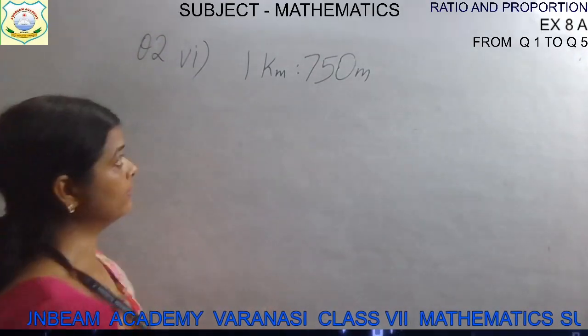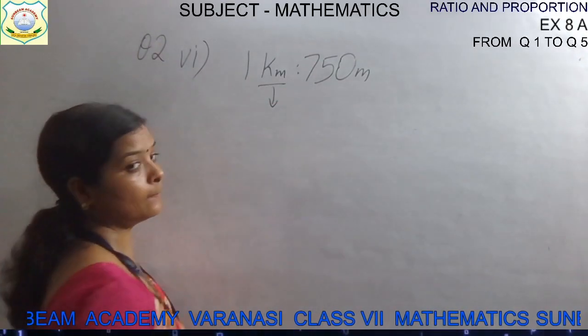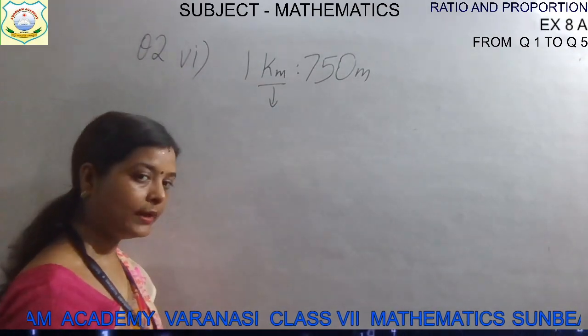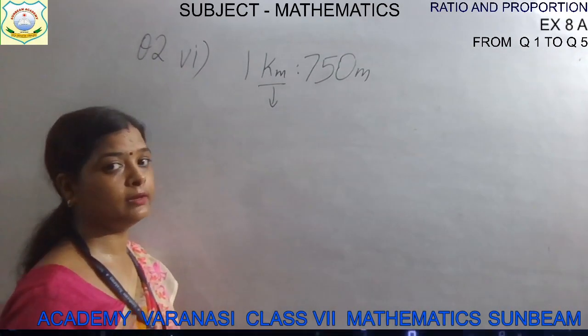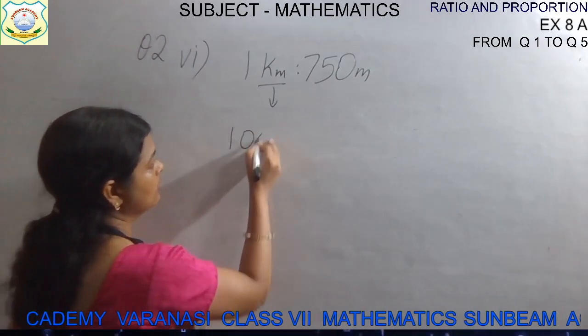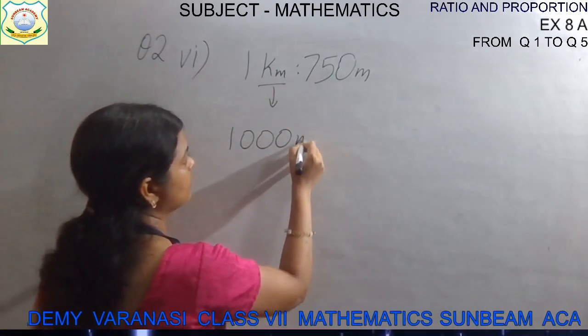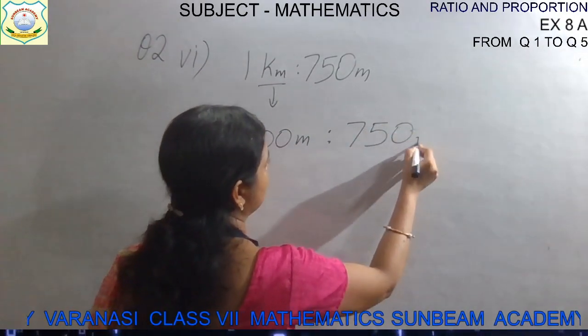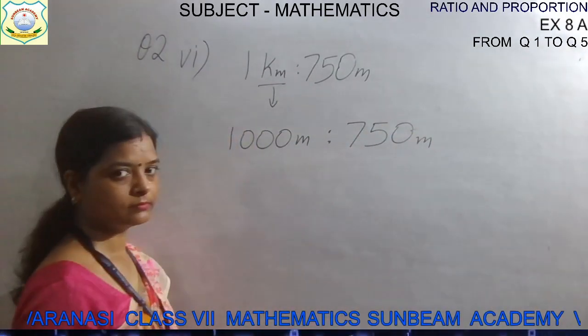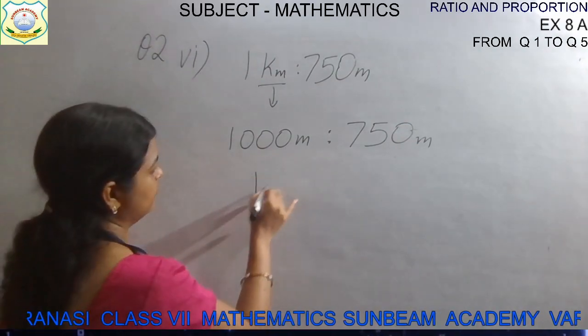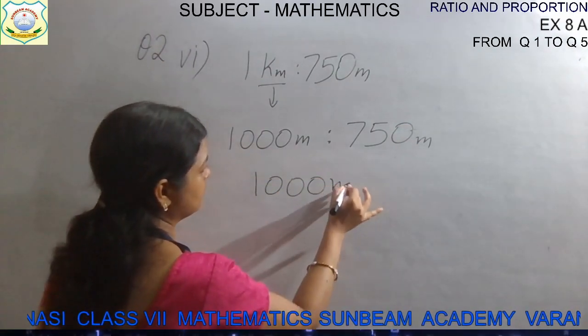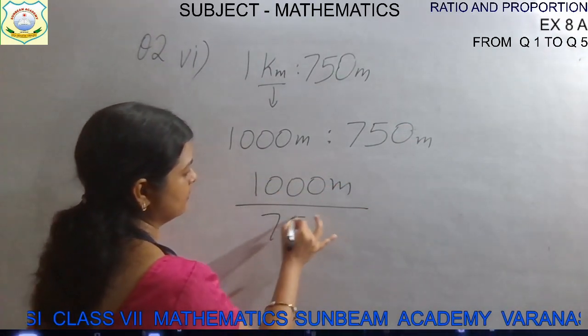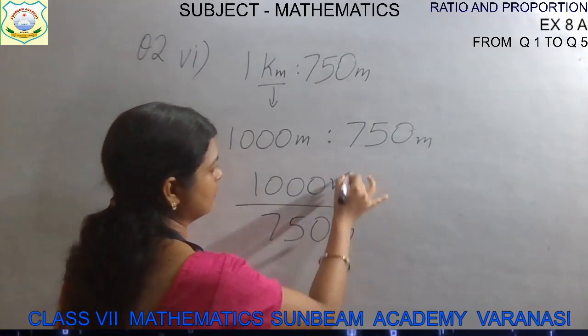Okay. So I will convert this kilometer into meter. We know 1 kilometer is 1000 meter. I am writing directly 1 kilometer is equal to 1000 meter is to 750 meter. Now to simplify it, we have to write in this way. Cancel.